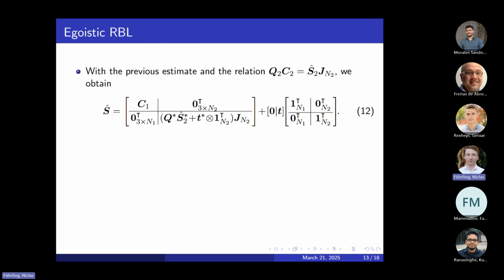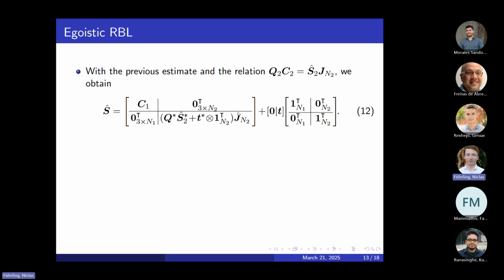So if we go back into our previous estimate, we can plug that into the equation that we have that models our rigid bodies. Again, we have C1, which is known. Then we can stack the Q and the C2, which is modeled, as you can see here. So Q2, C2 is equal to the mean-centered version of the estimate that we found.